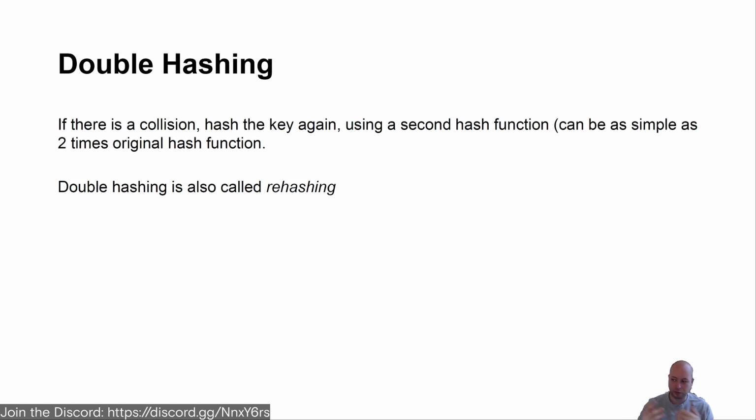Say I put in Idan and then I put in Jim, and we're both keyed to 1 with one hash function. Well, I'm going to key Jim with a secondary hash function. So now when I retrieve Jim and it hits Idan, I have to check my key. I have to make sure that I'm at the right key, and I didn't find it, so I just hash Jim again with the secondary hash function.